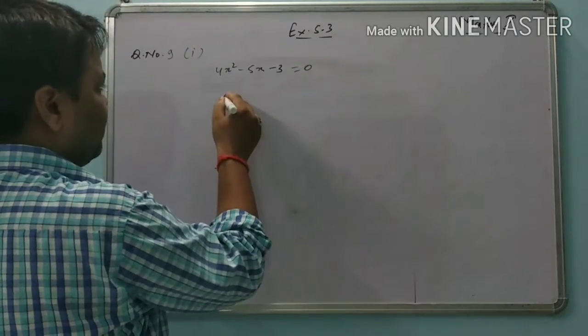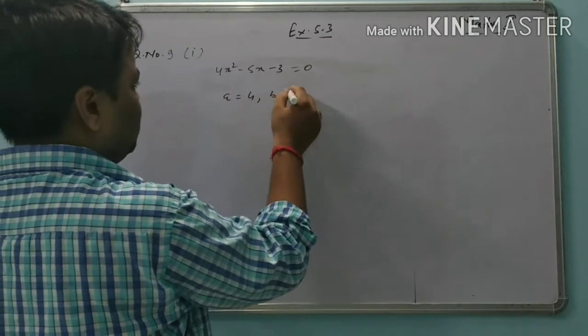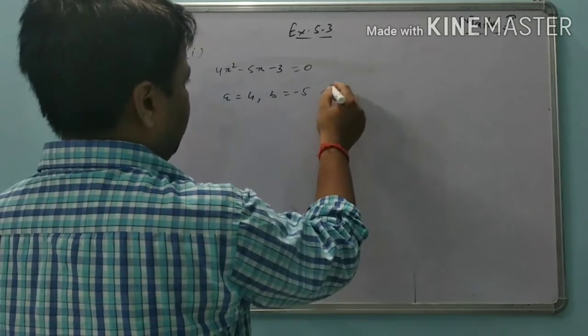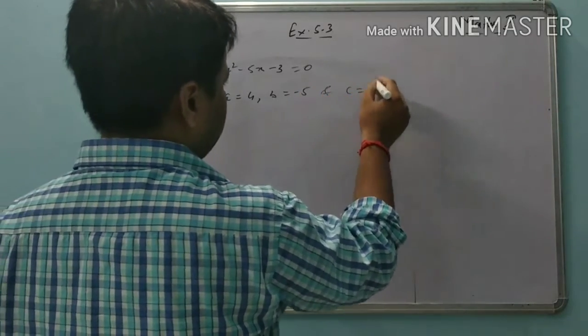Here after comparing we find that a is equal to 4, b is equal to minus 5 and c is equal to minus 3.